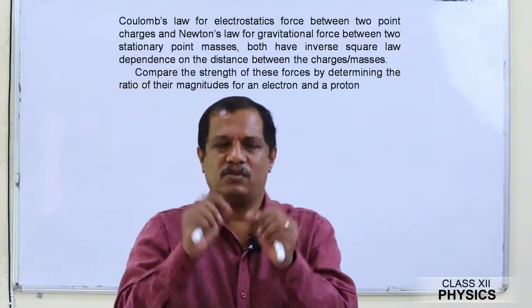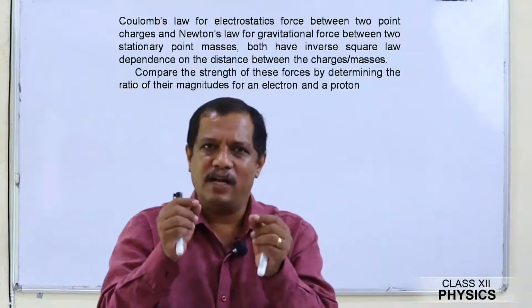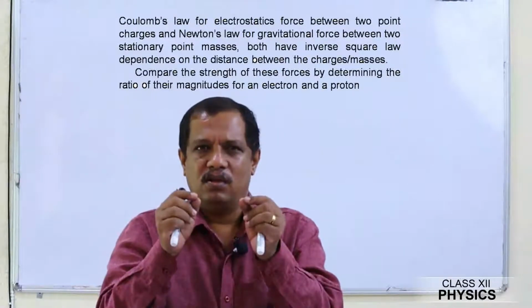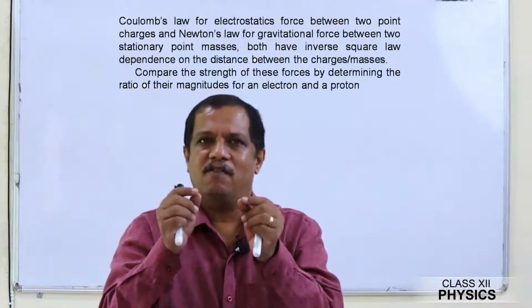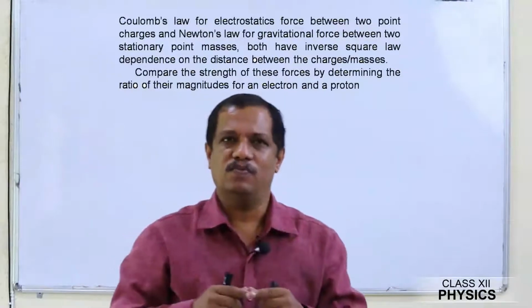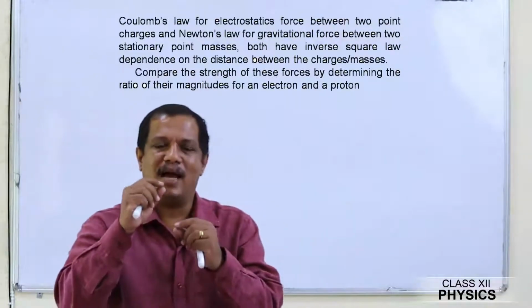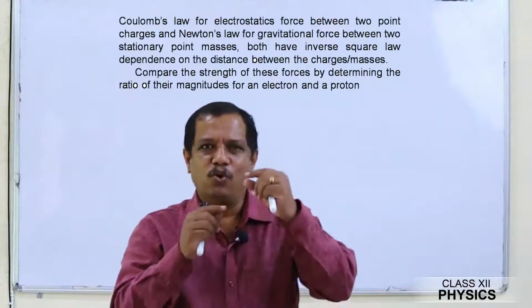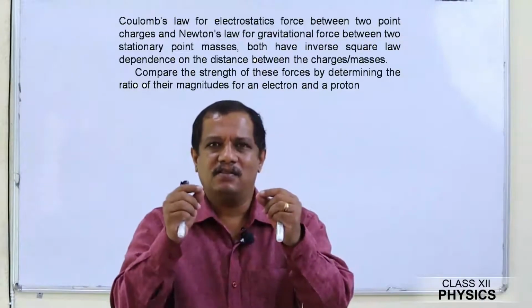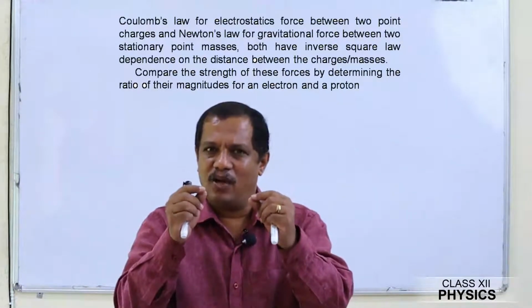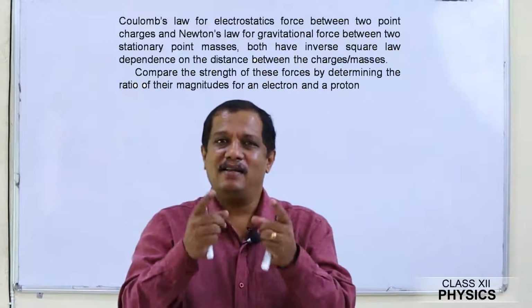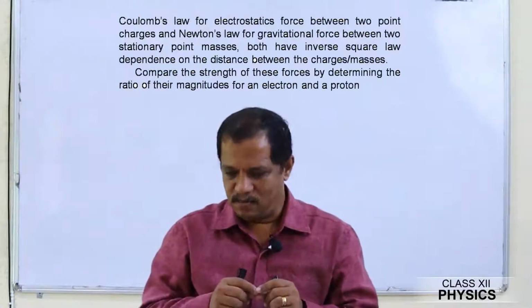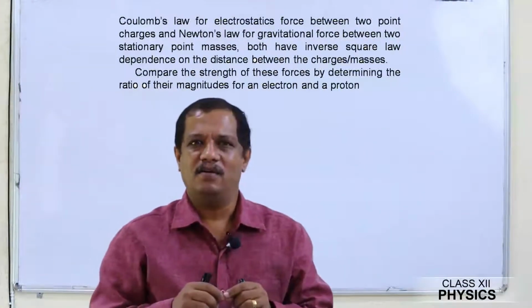So Coulomb force. And since electron and proton both have masses, there will be a gravitational force of attraction too. So we want to compare the magnitude of the Coulomb force experienced by a proton and an electron and the gravitational force experienced by both electron and proton.